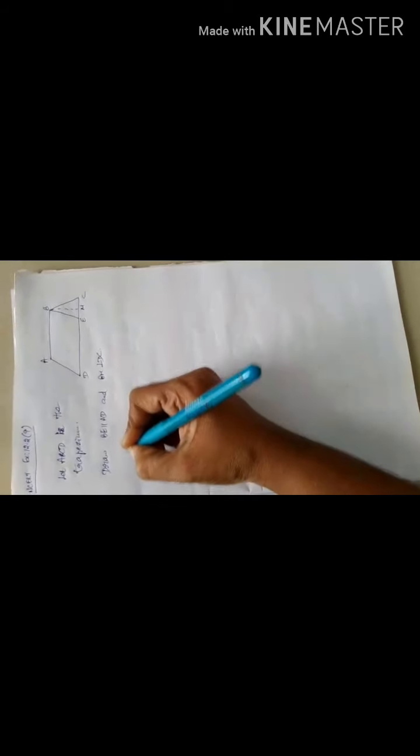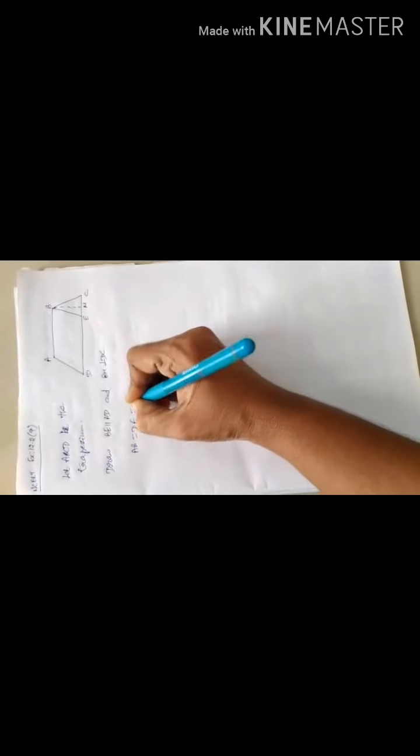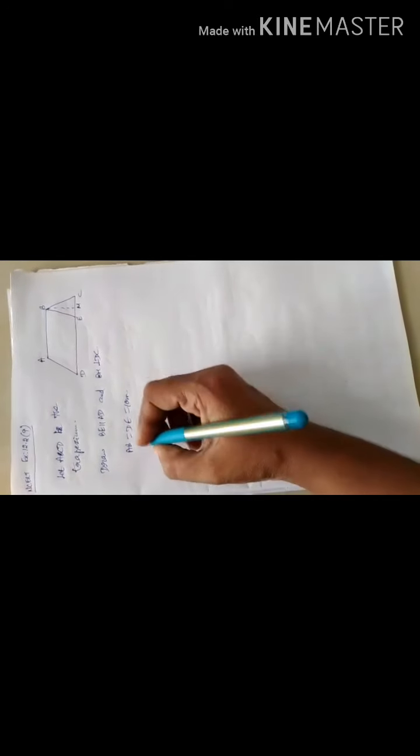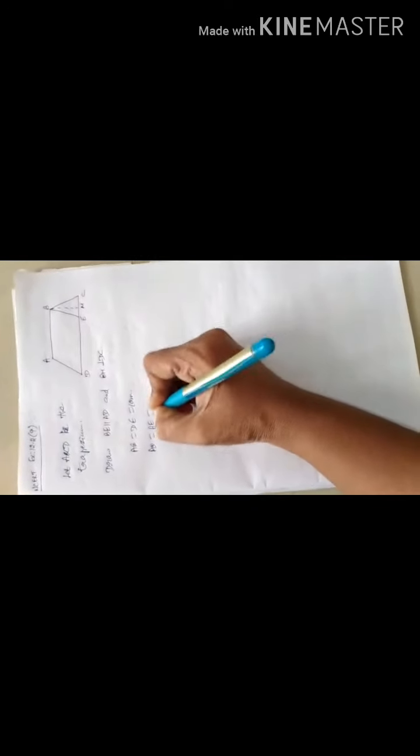So here AB and DE both are equal to 10 meter. They have given in the question itself, because parallel sides 25 meter and 10 meter they have given. So here AB and DE equal to 10 meter, and as opposite sides are equal, therefore AD and BE are equal to 14 meter.